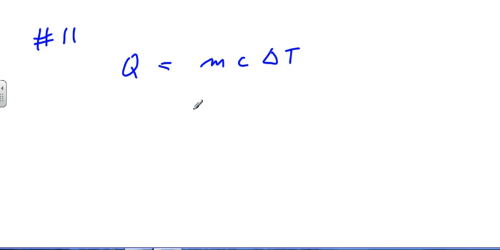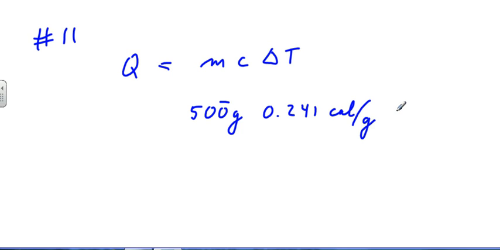Okay, so the mass is 500 grams, the 3 significant digits, and C is 0.241 calories per gram, and delta T is 40 degrees centigrade.